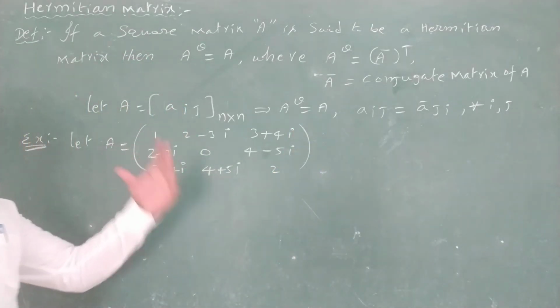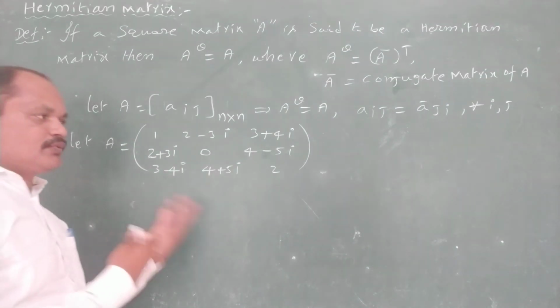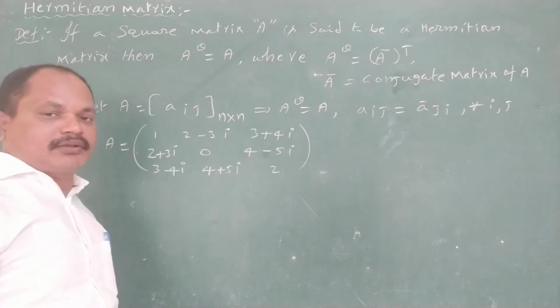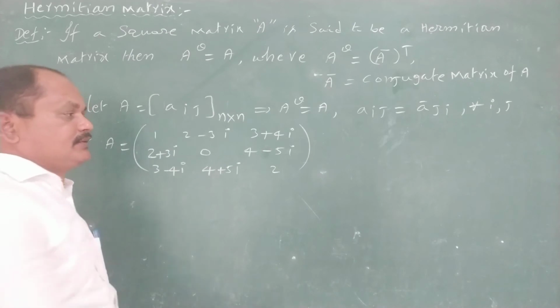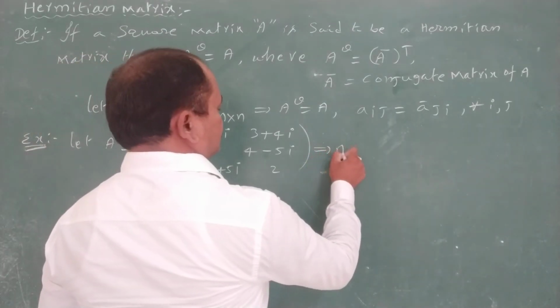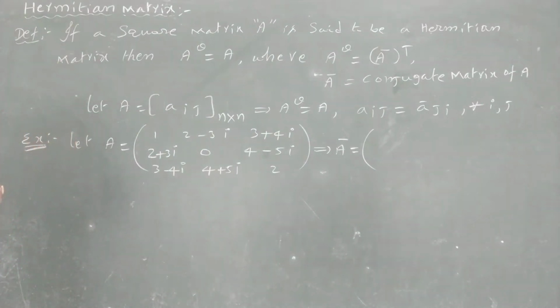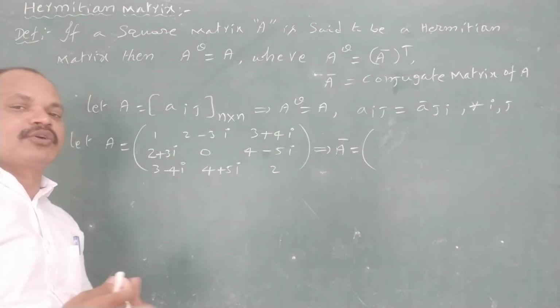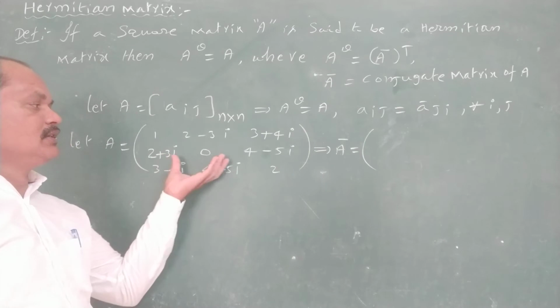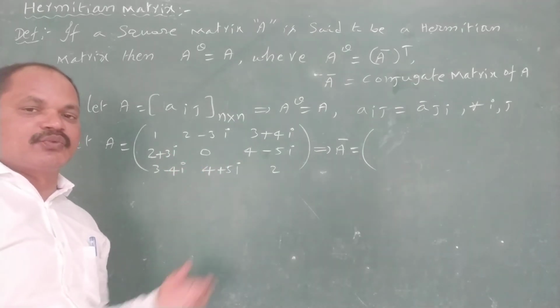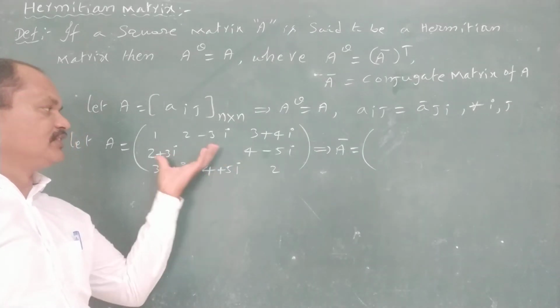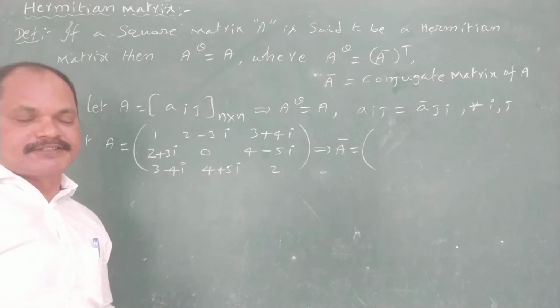So this is A. Now to find A bar, that means the conjugate of A. A bar means we have to write the conjugate of each complex number. In this square matrix, the elements are complex numbers.